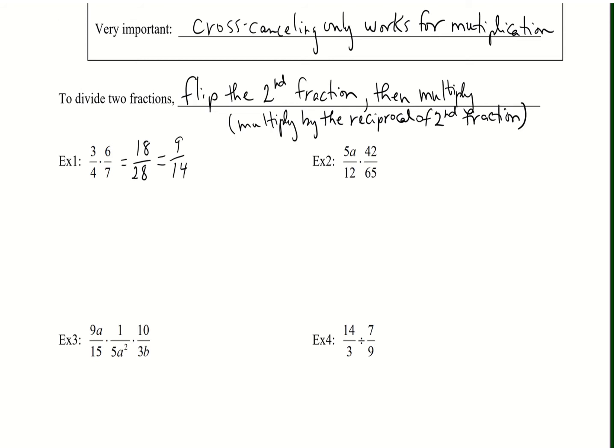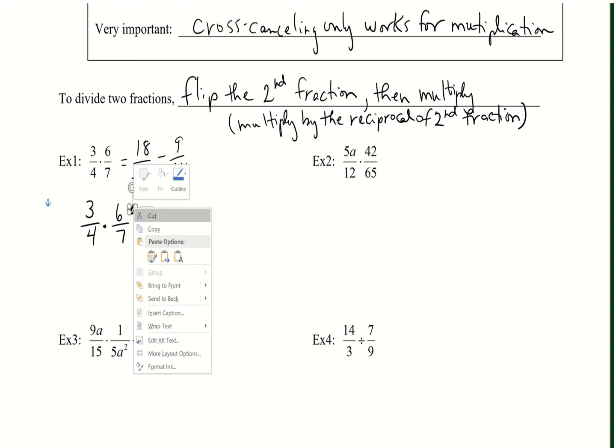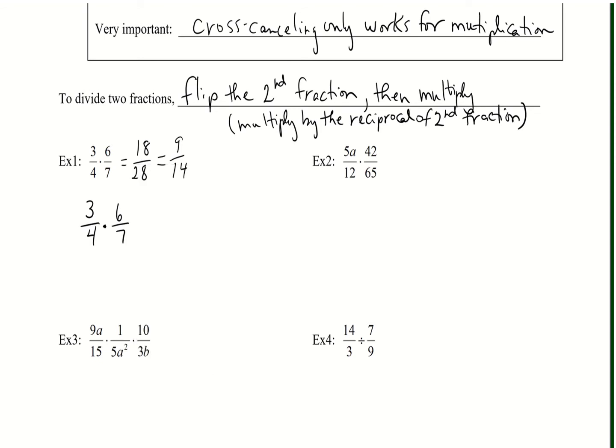Now, if we do the same problem by cross-canceling, it looks like this. Cross-canceling means we're looking across, to the 6 and the 4. 2 is a multiple of each of those, so we can divide by 2 for each one.